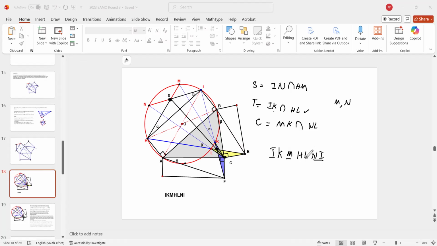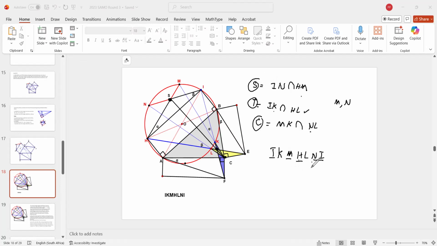Right. Now, this way, let's just see, IK intersect HL is your T, right? Okay, we got that. KM, miss a point, intersection LN, there it is. This is your C. And then you have MH, miss a point, NI, MH intersect is S. Wow.